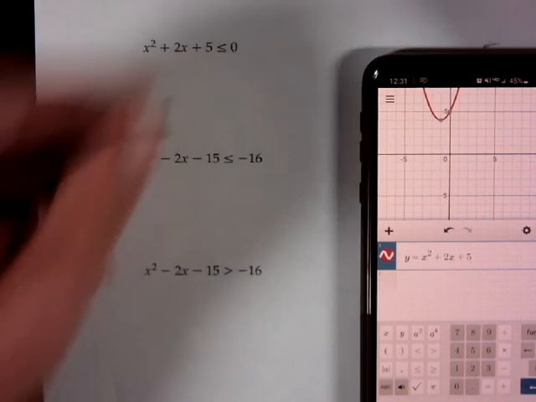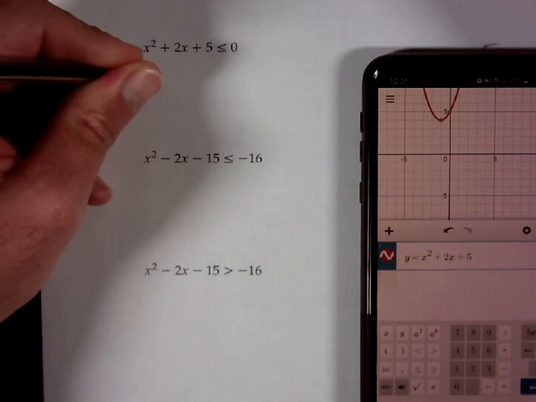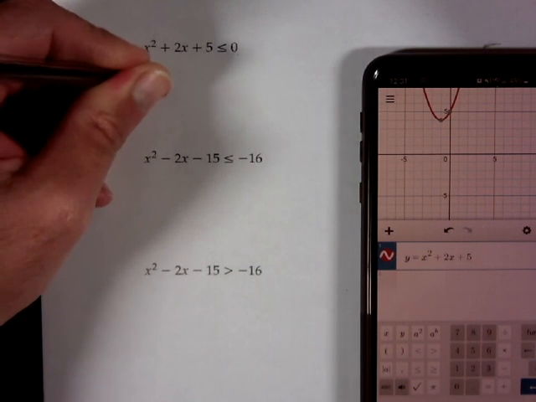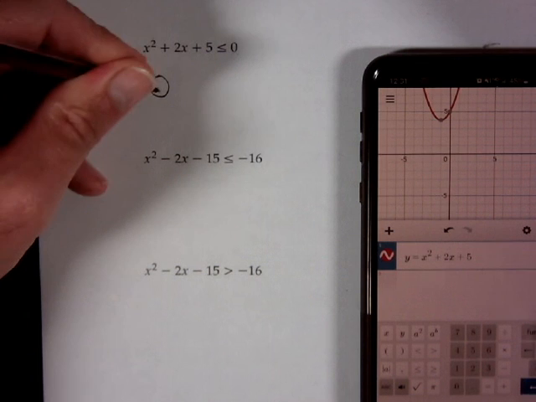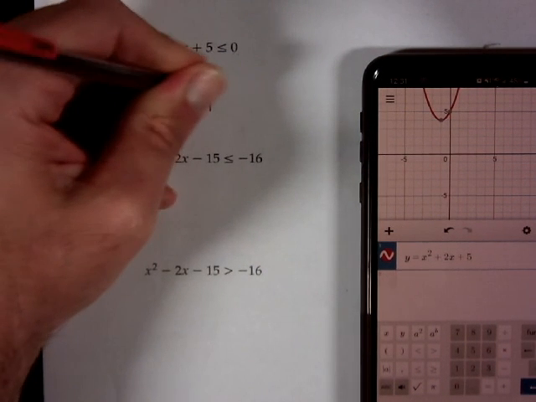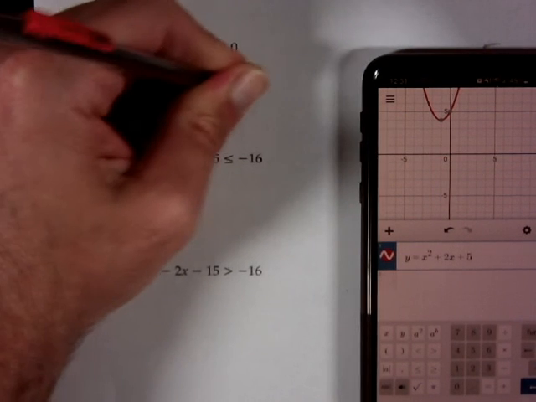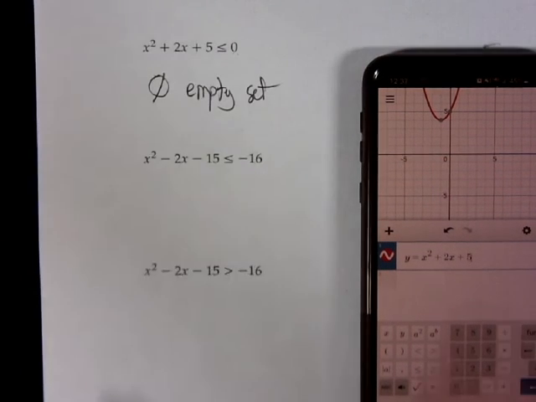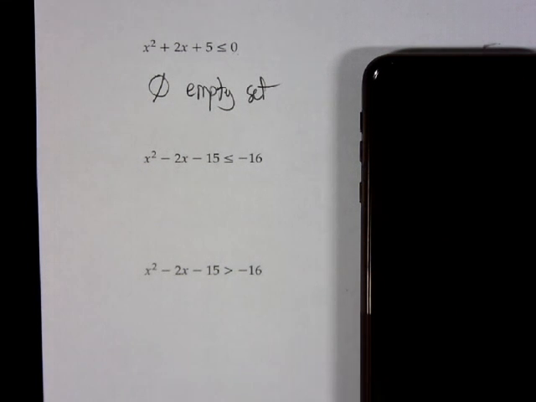And so really, when you've got an inequality where no intervals fit it, you will use this symbol, which is the symbol for the empty set. Empty set. Okay? That indicates that there is no interval that can be used as a solution for this. All right? Empty set is what you'll see, or sometimes it's called the null set.